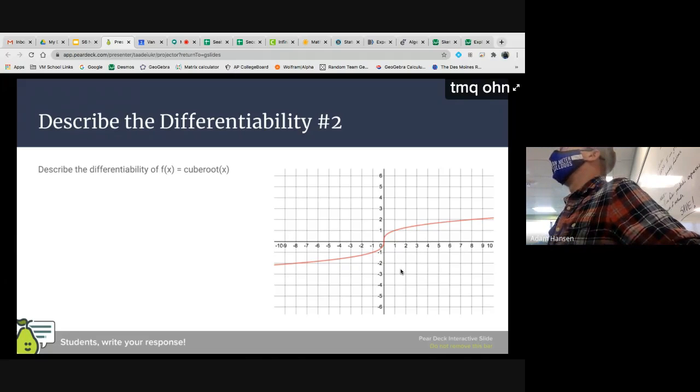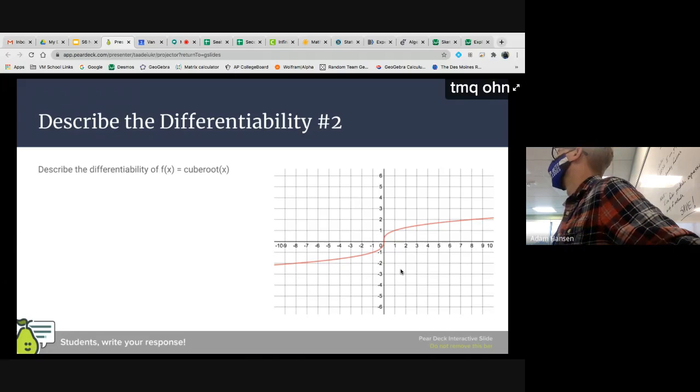Here's a graph of the cube root of x, the third root of x. Where is this graph not differentiable? Why is it not differentiable at 0?